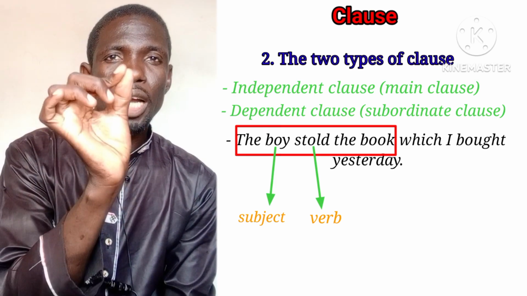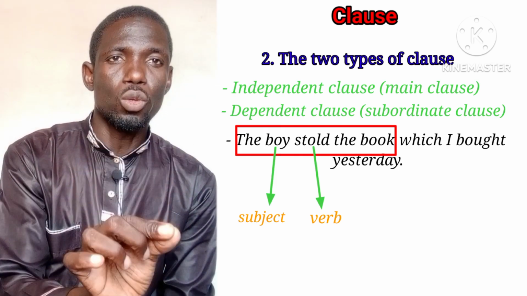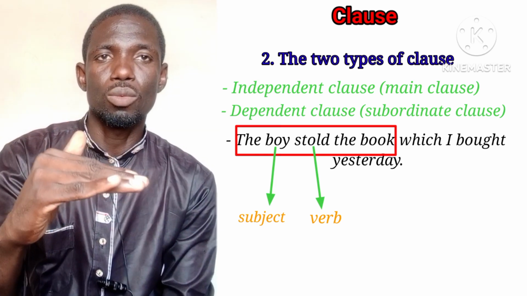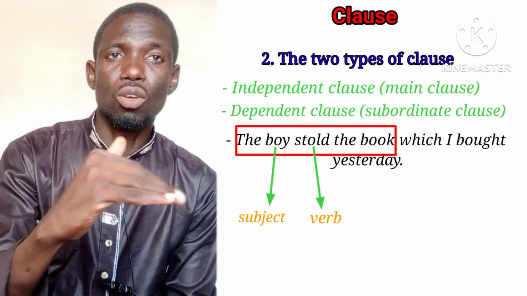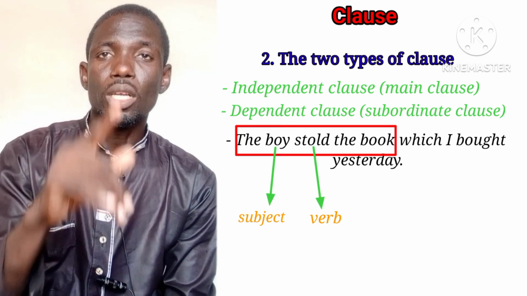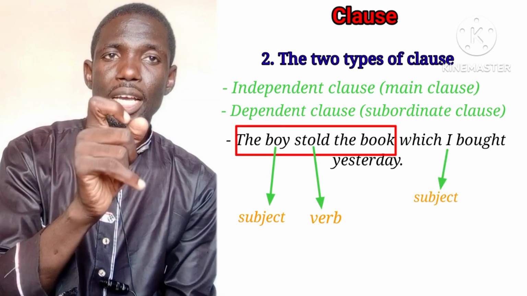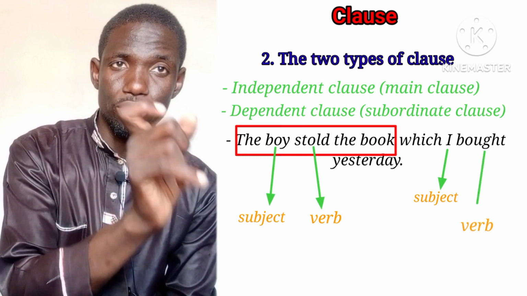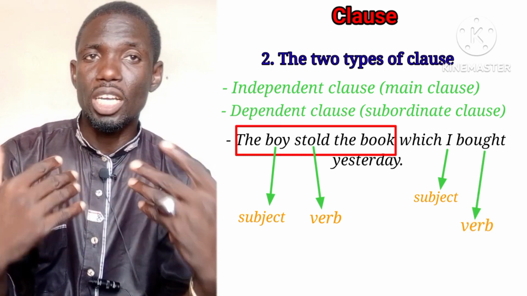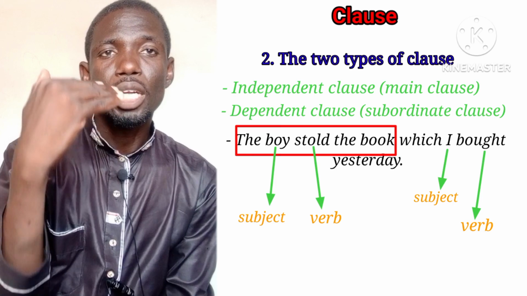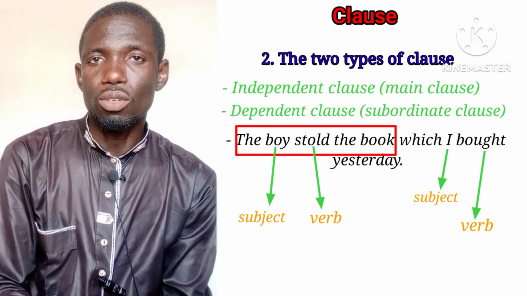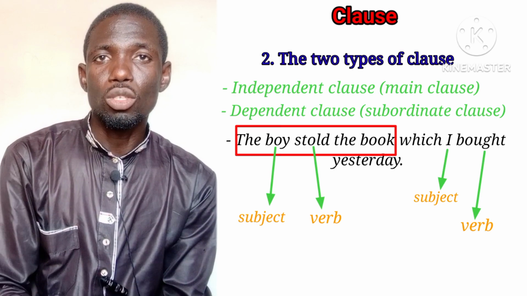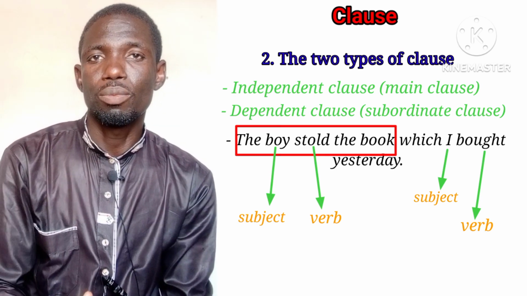So, which I bought is also a clause, but it is a dependent clause. Why do we call it a clause? Because we have the subject, which is I, and then we have bought, the verb. If I just come and tell you which I bought, this statement is not meaningful, it is not complete, because it requires some statement.